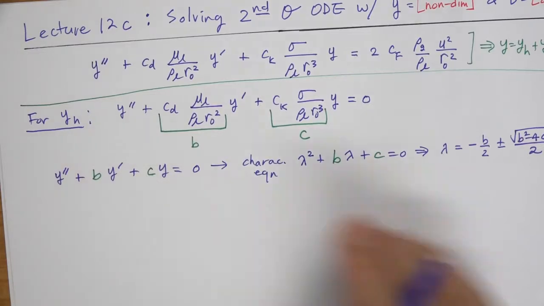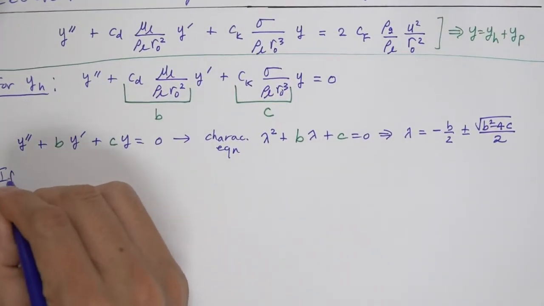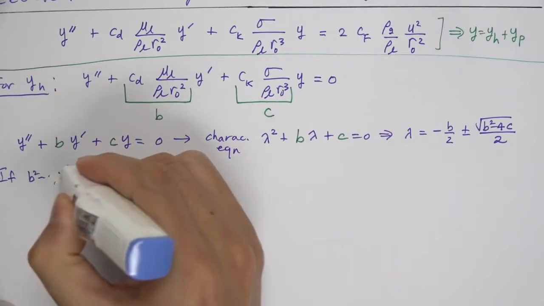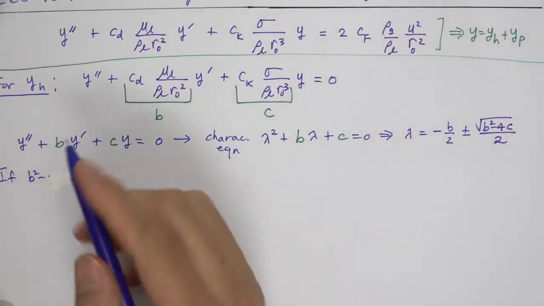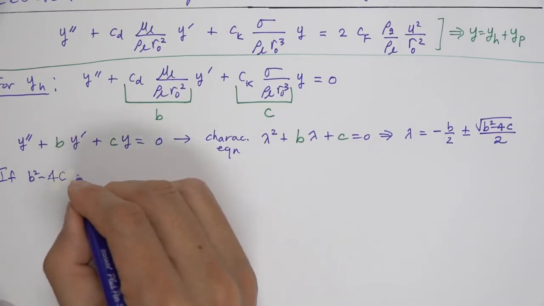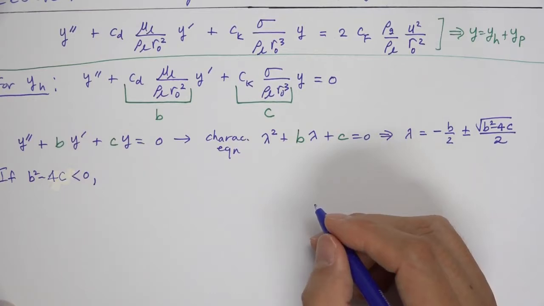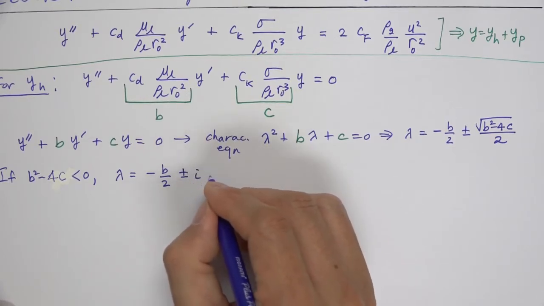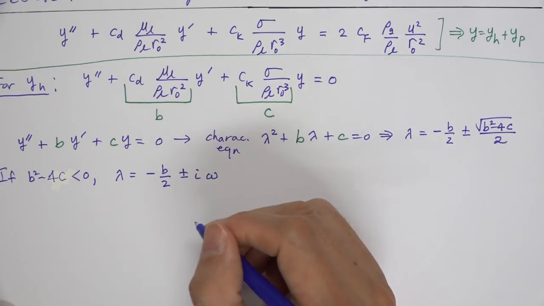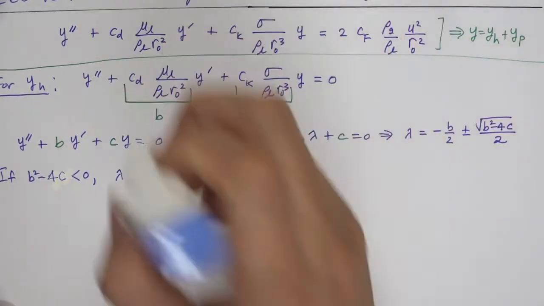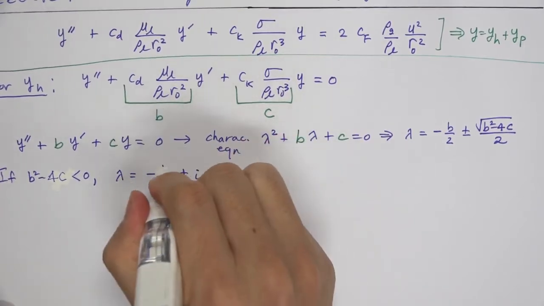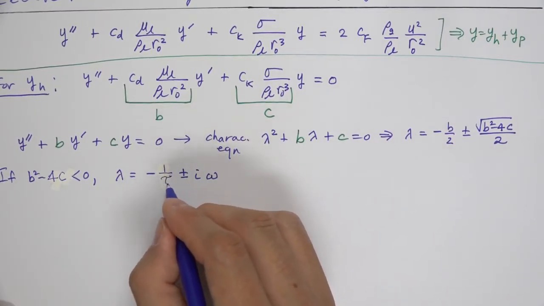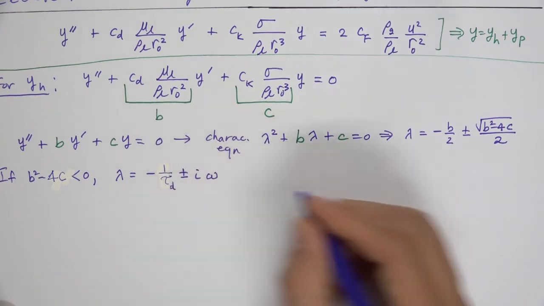Now, if you say that b squared minus 4c is less than 0, then lambda is minus 1 over tau d, plus or minus i omega.